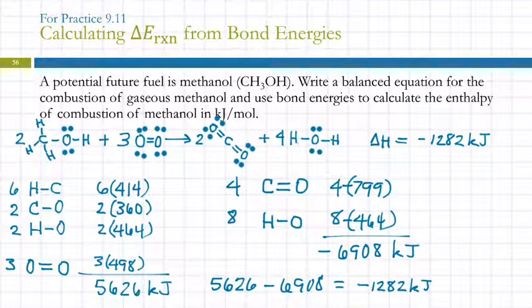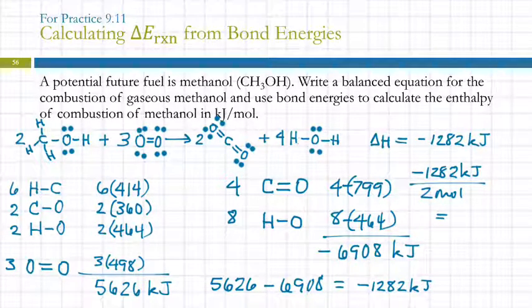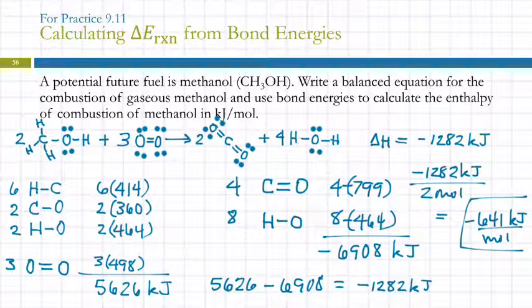What's the enthalpy for 1 mole of methanol? Half as much, right? Divide by 2. So, negative 1282 kilojoules per 2 moles of methanol, divide by 2: negative 641 kilojoules per mole of methanol. Any questions?